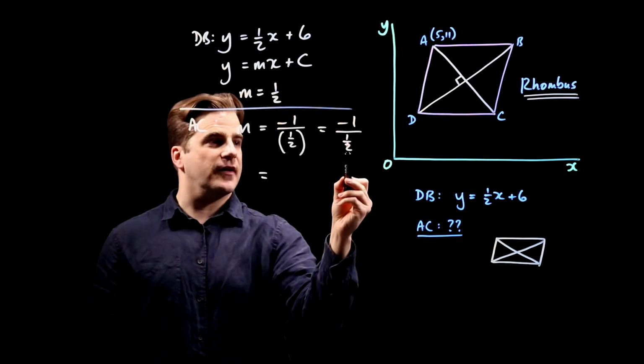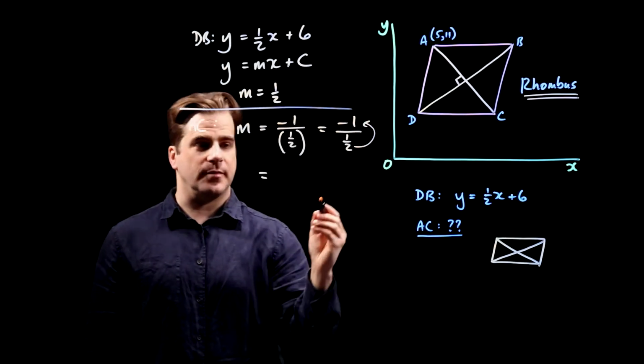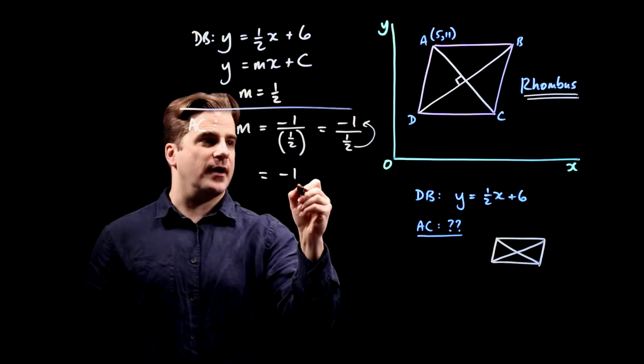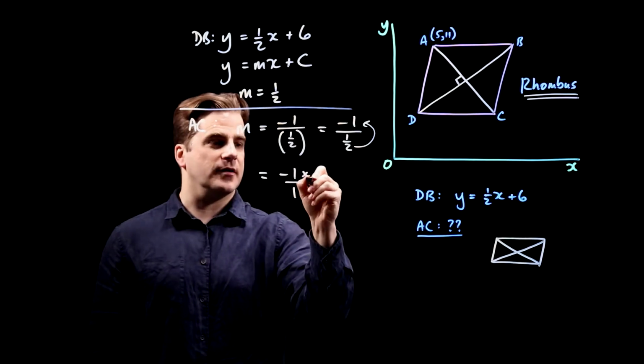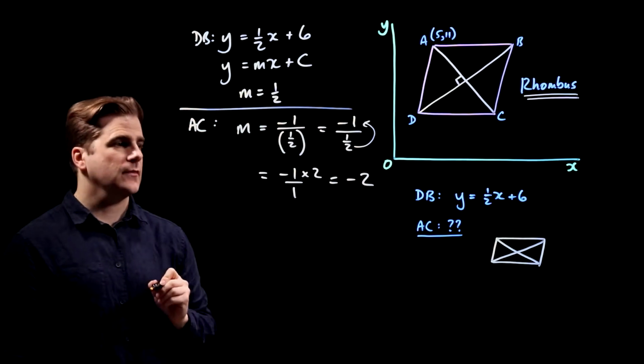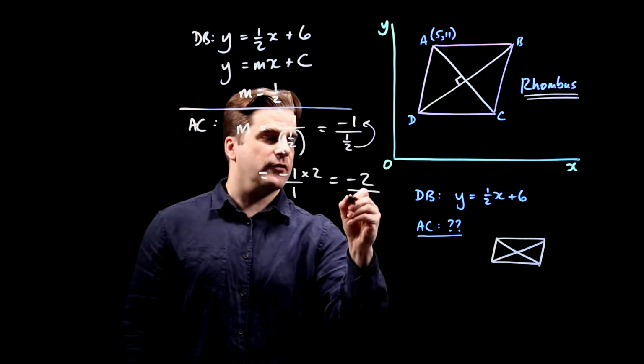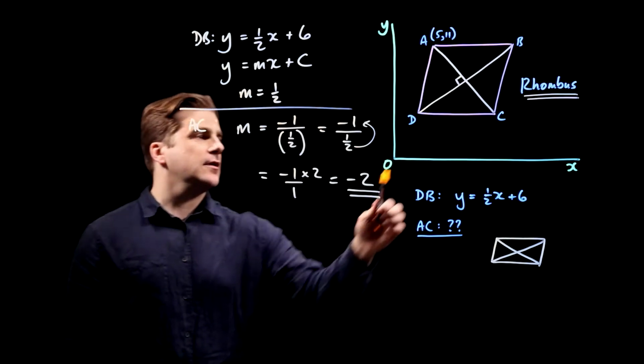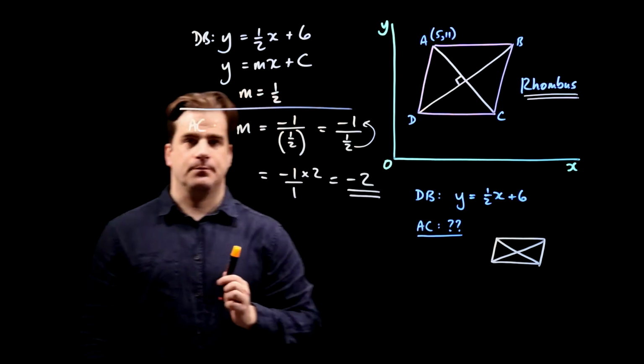Dividing by a half is the same as multiplying by 2, so it's just minus 2. Good, so we've got the gradient of the line AC.